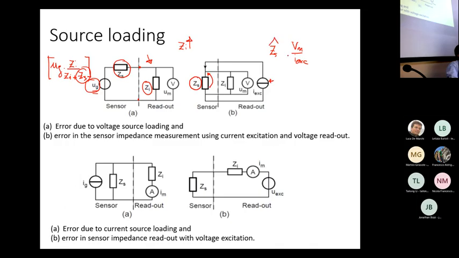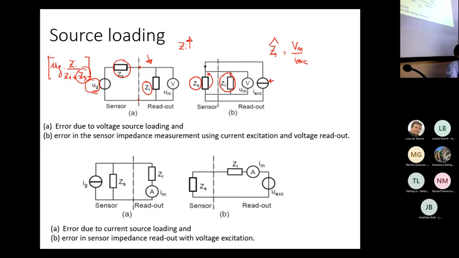Let's say I'm using this hat as the mean estimation. This is not the actual value, because when we measure the voltage, we also have some sort of input impedance. We cannot build the perfect readout circuit in which we just measure the voltage without having some sort of input impedance.